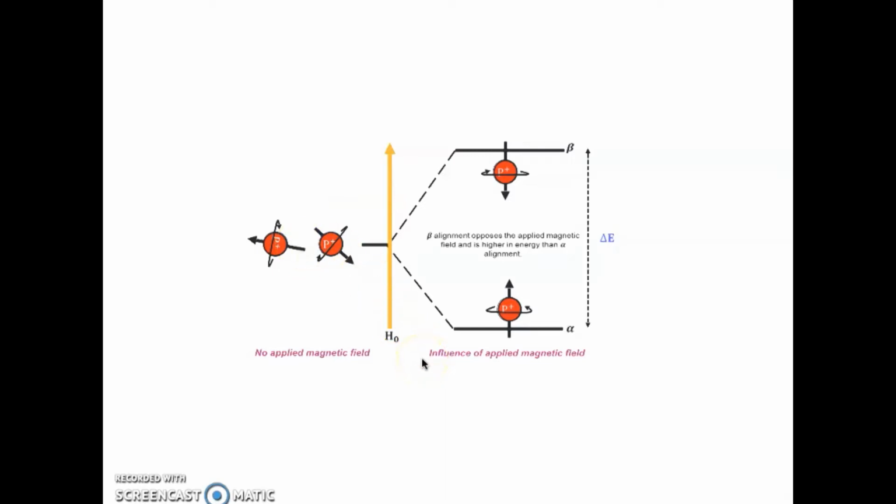When an external magnetic field is applied, the nuclei will orient themselves either along the direction of the magnetic field, and hence have a lower energy, or in the opposite direction, which has the higher energy. So when an external magnetic field is applied, an energy gap arises.